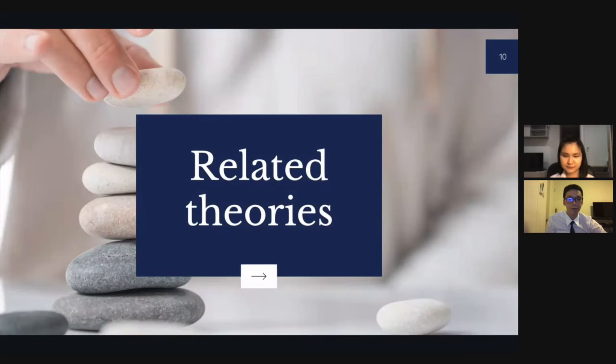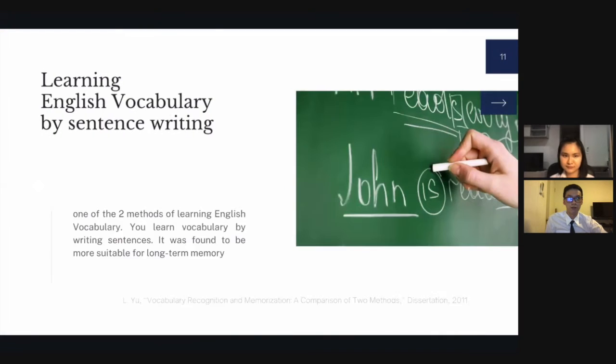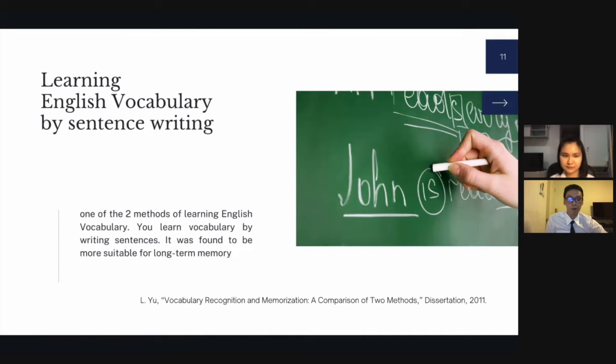So for related theories, the first one is from a study that compared the 2 methods of learning English vocabulary and found that learning by word lists is more suitable for short-term memory, and it is the common way to study the English language. And learning by sentence writing is more suitable for long-term memory, so we use the method of learning by sentence writing for our mobile application.